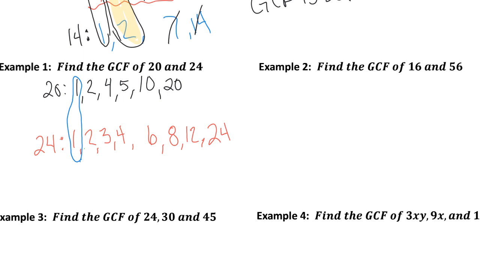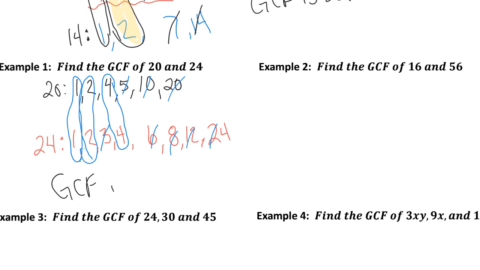They have 2 in common. They don't have 3. They have 4. They don't have 5 or 10 or 20 or 6 or 8 or 12 or 24. So they have 1, 2, and 4 in common. So then my GCF is 4.